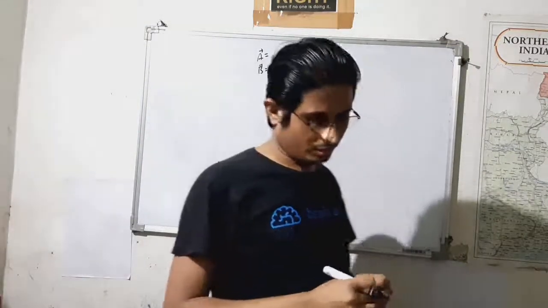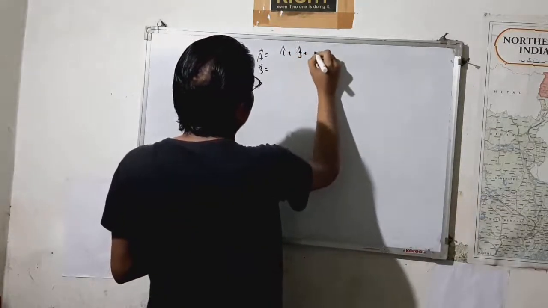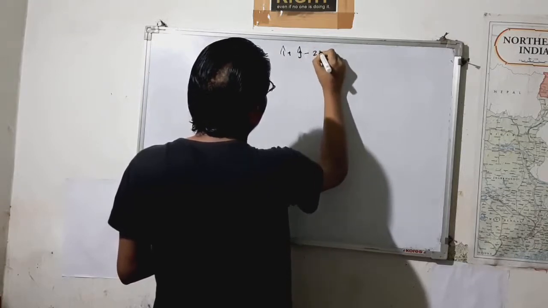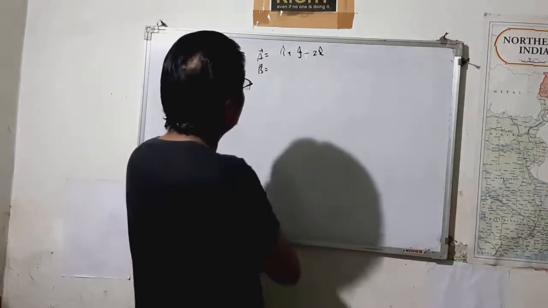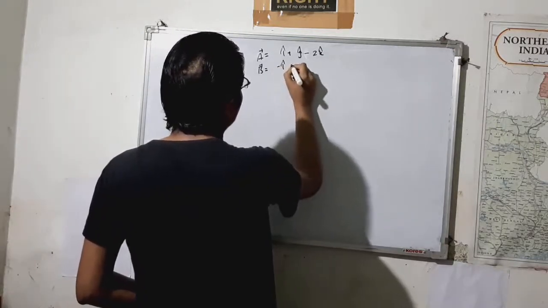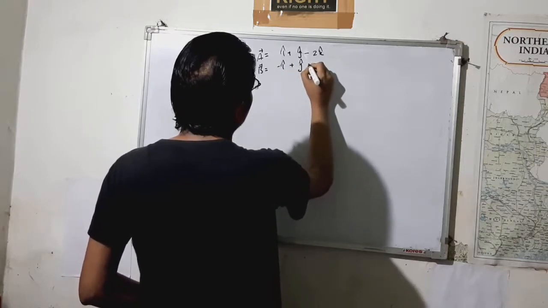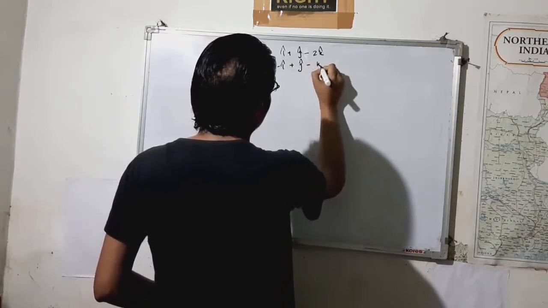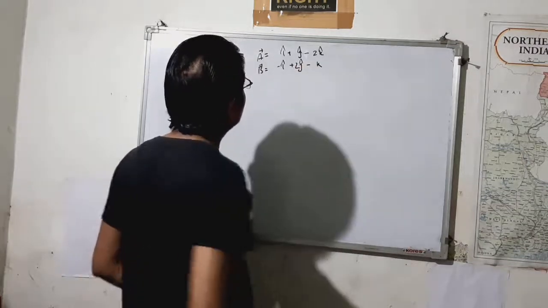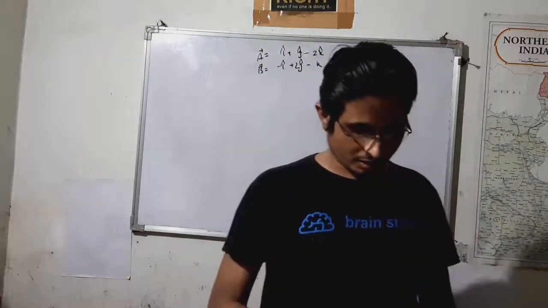Here one vector is simply i plus j plus twice k, and another vector is minus i plus twice j minus k.